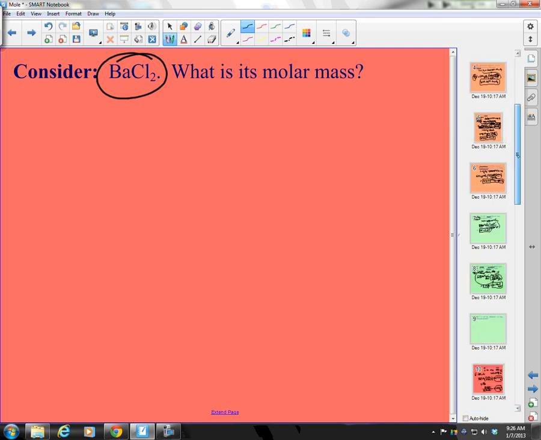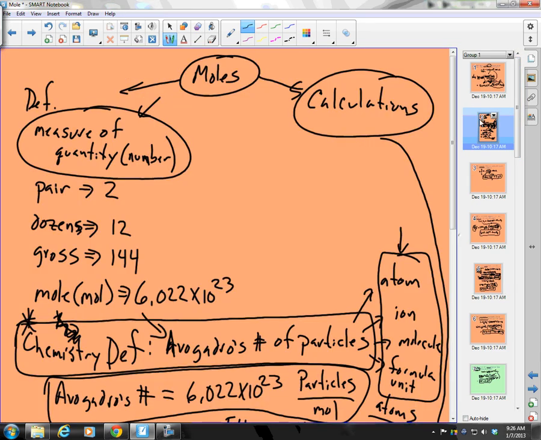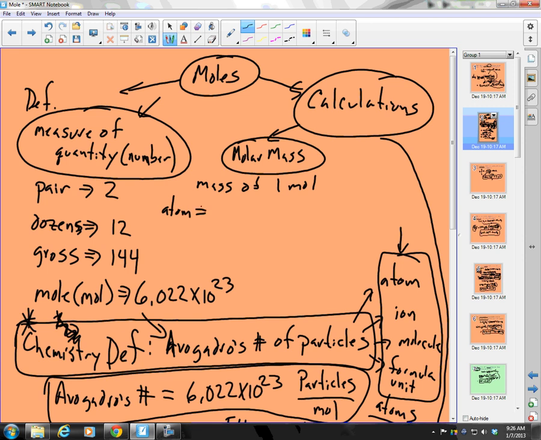put in some notes here on molar mass. What do you say? Okay, calculations. Somewhere under calculations, put over here molar mass. Molar mass, and we said that that is the mass of 1 mole of stuff. And now if I have atoms, then for an atom, the molar mass equals the average atomic weight.